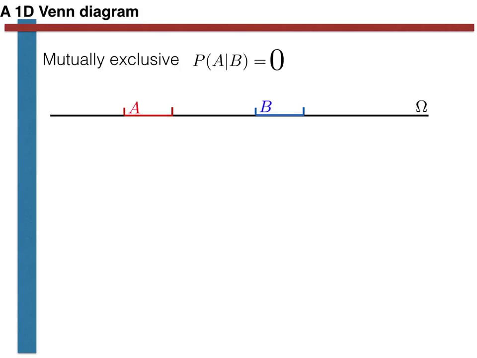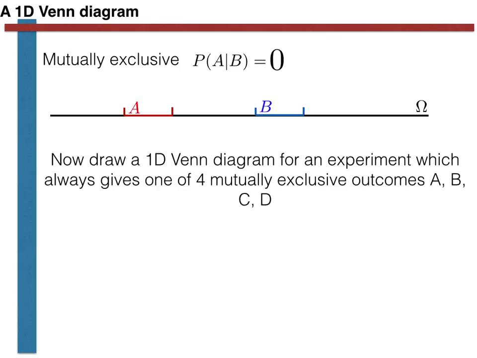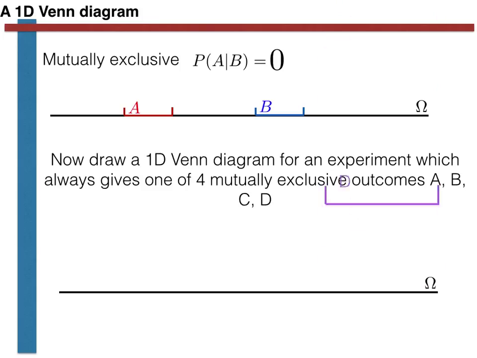Now, as a final test, draw a one-dimensional Venn diagram for an experiment that always gives one of 4 possible outcomes, which we'll call A, B, C, and D. The final result you get should look something like this. There is no overlap between any of the line segments, but the total length of all the line segments is equal to the total length of the line representing omega.